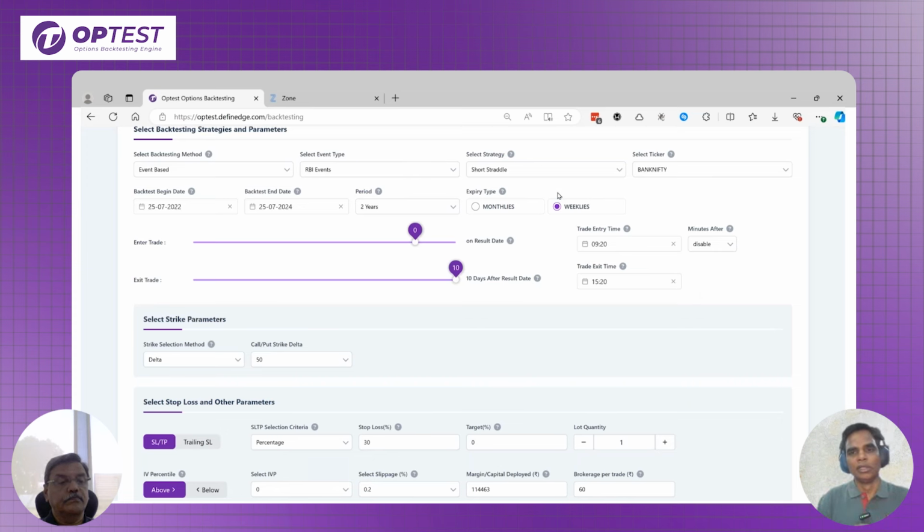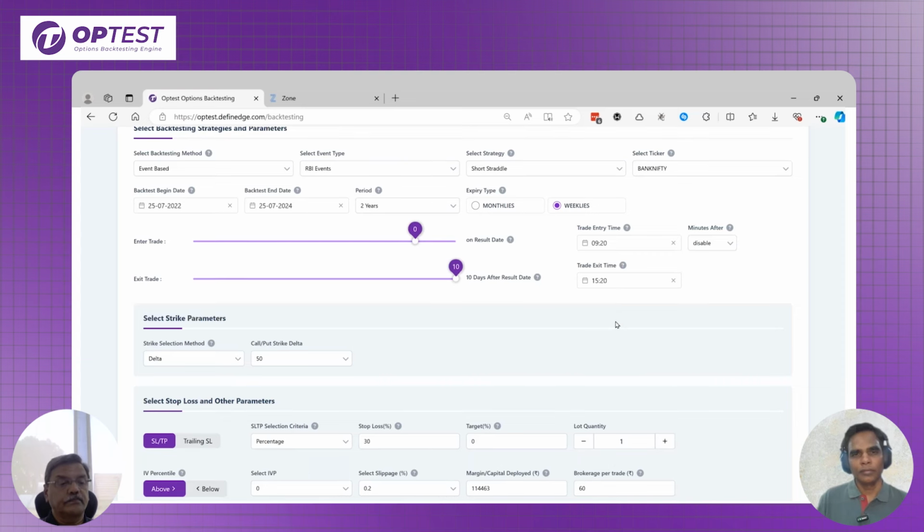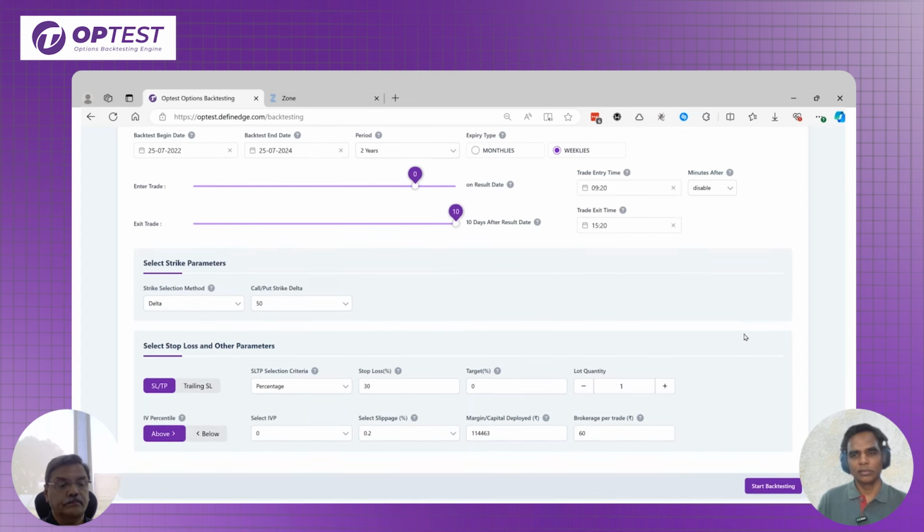These earnings results, the IVs go up going into the results. So we are going to sell a short straddle or short volatility strategy just before results are announced, and then we'll see what happens. So we do it on result date, okay, and then we'll see what happens.